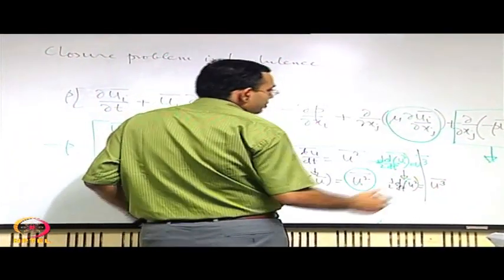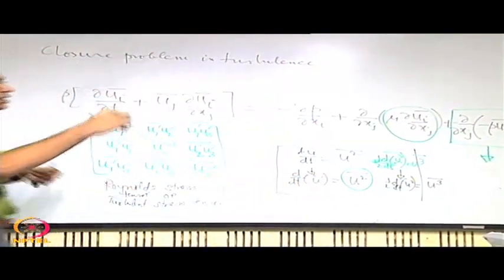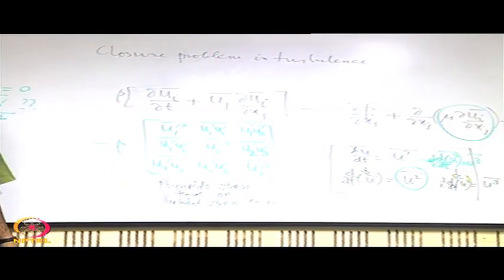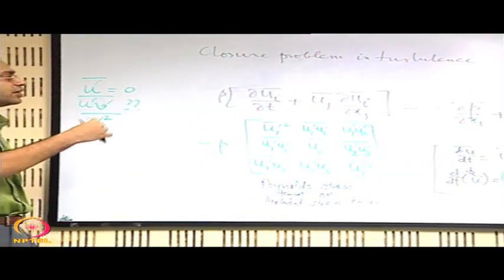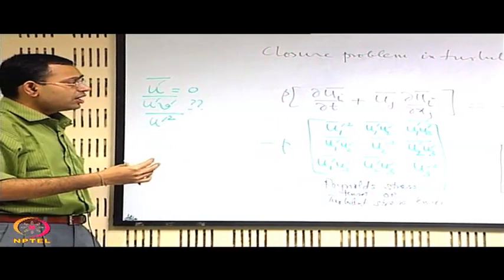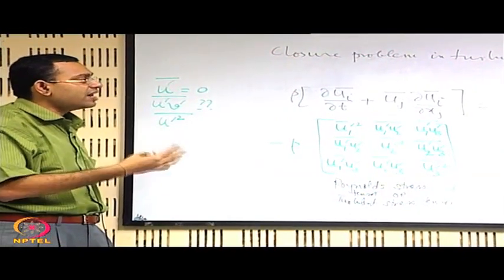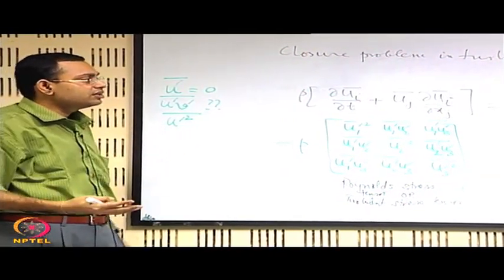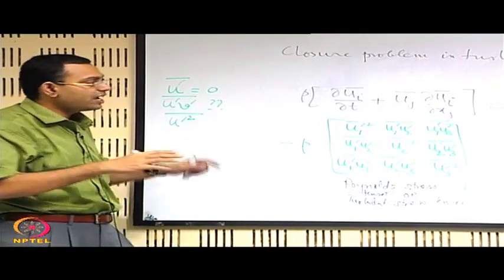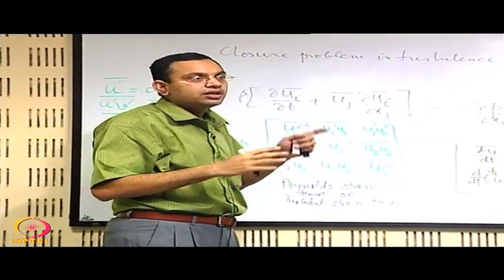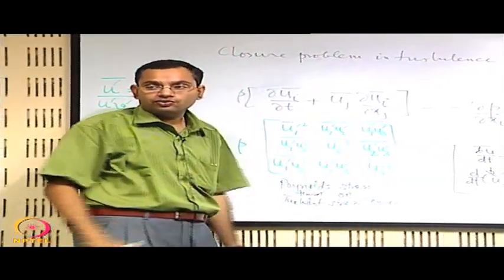is that basically you have certain additional terms in the governing equation after Reynolds averaging, and these additional terms do not have explicit governing differential equations. So, you have a mismatch between the number of independent equations and the number of unknowns.